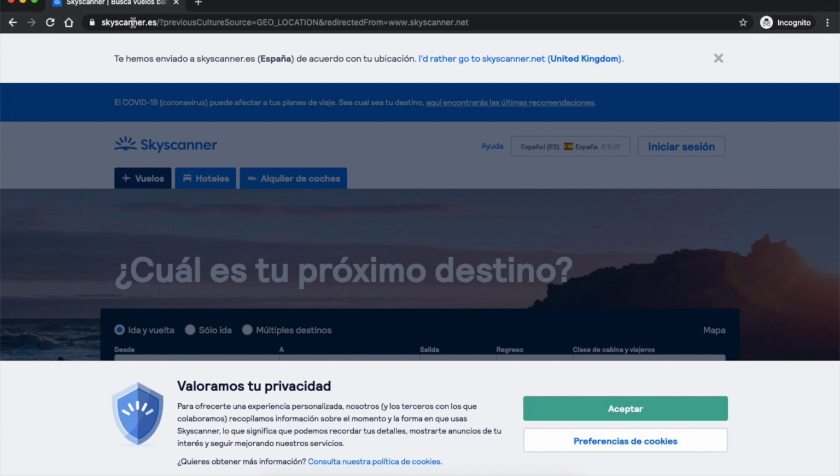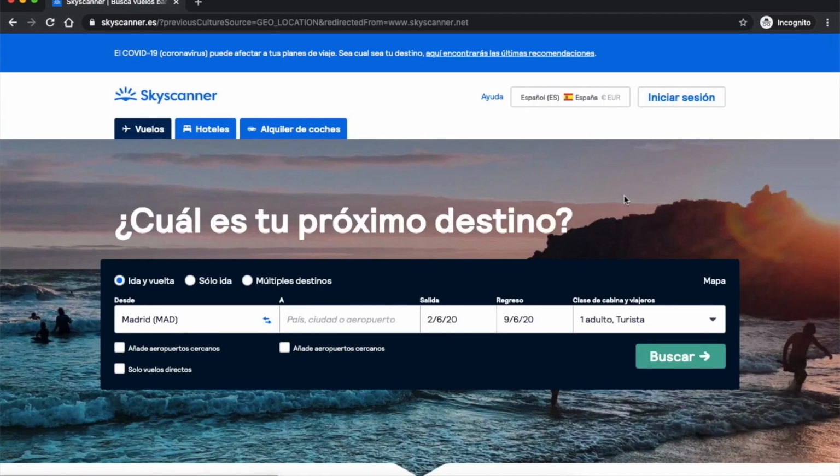And so every time you're searching for the same airline or the same flight, the same destination, the same dates, it's tracking that. And then your flight gets more expensive, more expensive, more expensive, and it's better to do this incognito tab. They don't know what you're looking at, and hopefully it won't affect your flight prices as much as if you were searching on a regular tab.